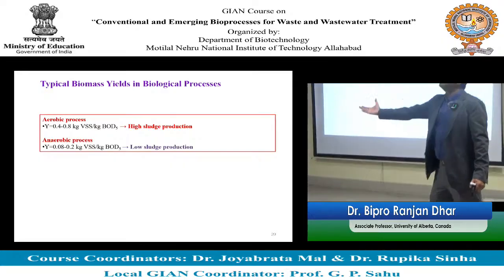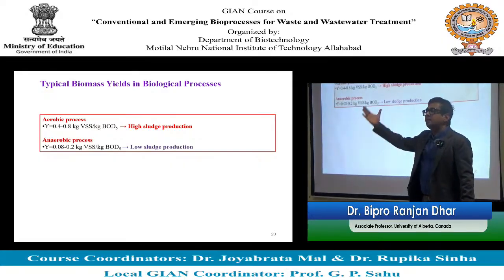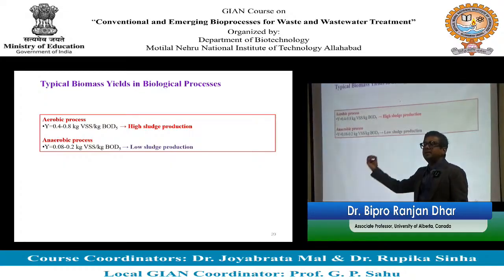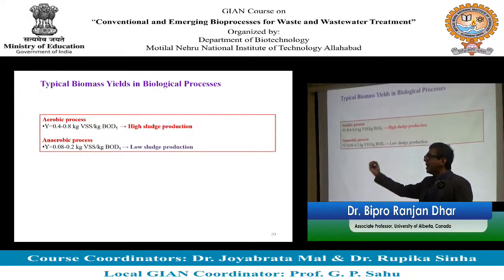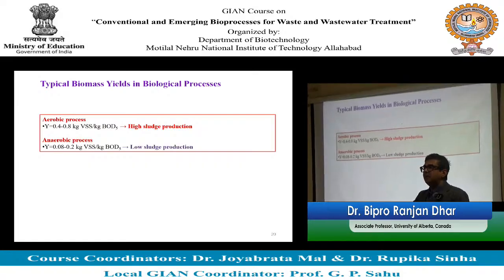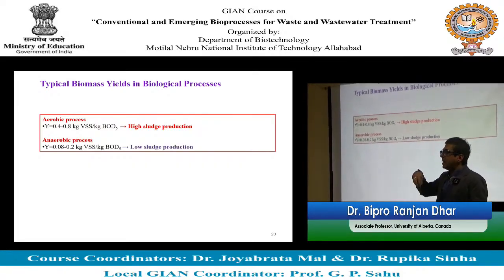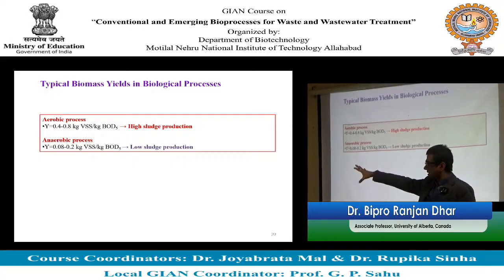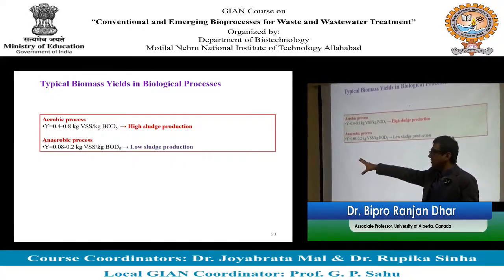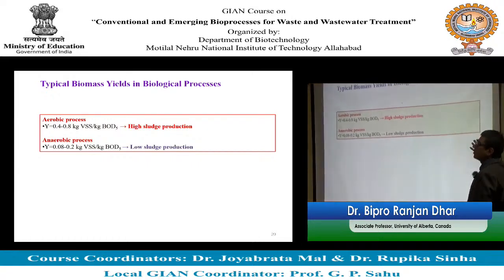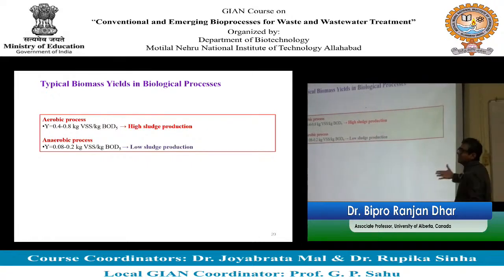I have to meet the regulatory guideline, right? If the government says you have to achieve less than 25 milligram per liter, I have to maintain 25 milligram per liter. So I need to know the effluent concentration, and at the same time, to achieve that effluent concentration, how much biomass I need, right? That's why we are talking about VSS again and again, yield again and again.